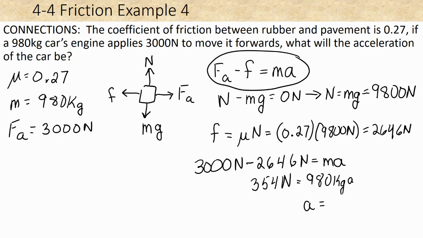Dividing both sides by the mass will give us the acceleration. Comes out to be 0.36 meters per second squared.